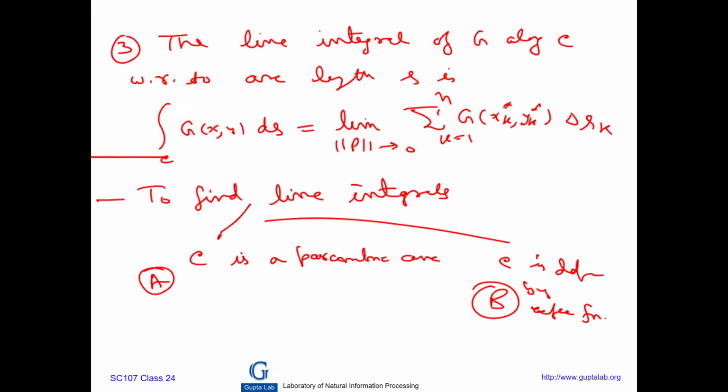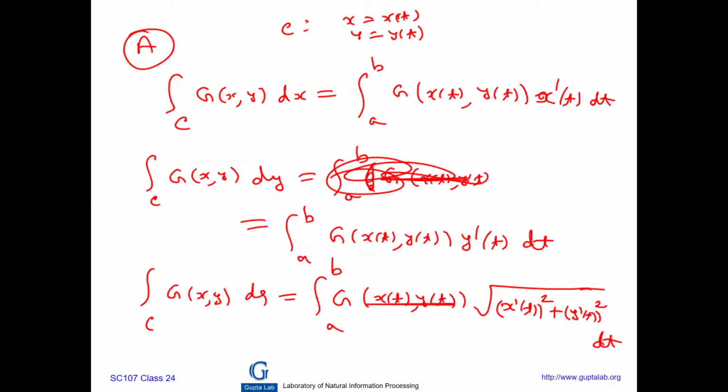Now, in order to find these, if C is a parametric curve, meaning you can do the parameterization, then the formula becomes this. When x is a function x of t and y is a function y of t, the first formula becomes g of x of t, y of t, when you substitute, and you also need to take care of dx over dt times dt.